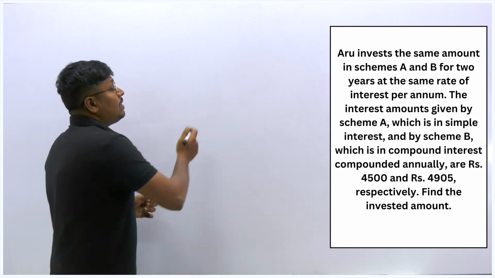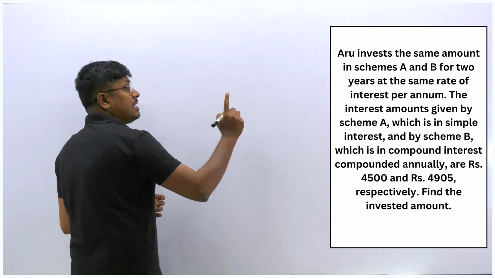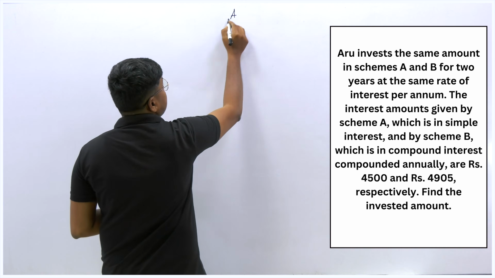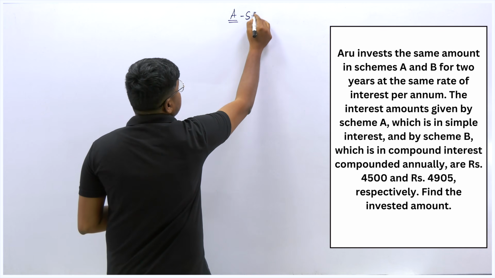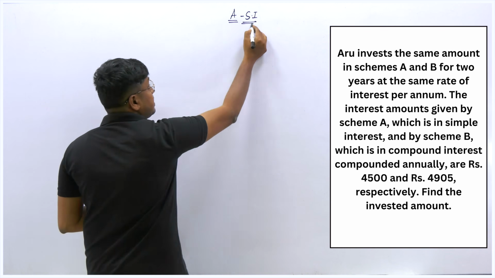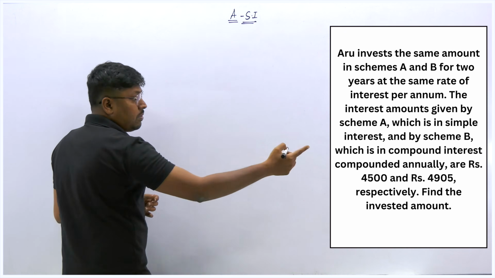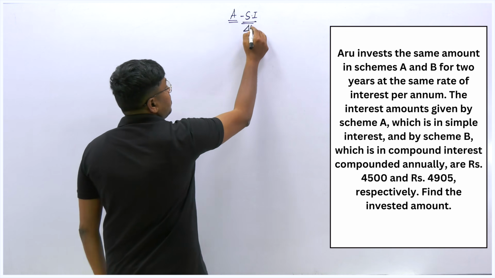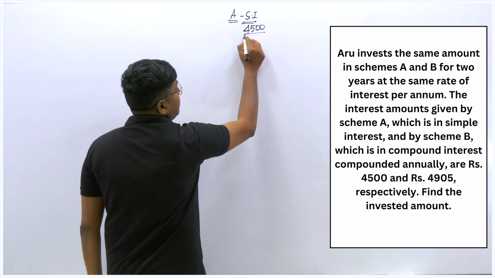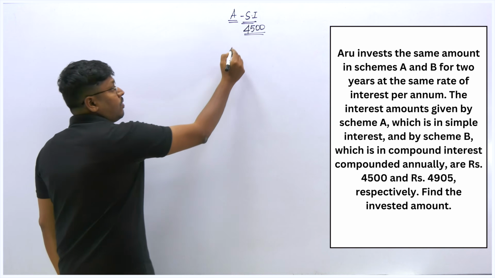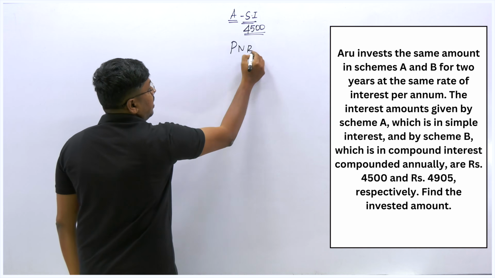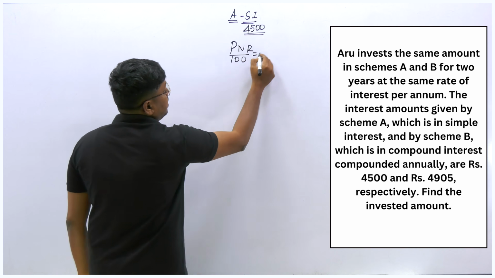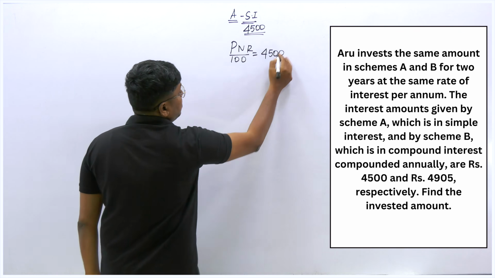So first, what they have given is scheme A. So let's take scheme A as the simple interest scheme. In this scheme, the simple interest value is directly given in the question, which is 4,500. So 4,500 is the simple interest. We know the simple interest formula, PNR by 100. So the simple interest is 4,500.